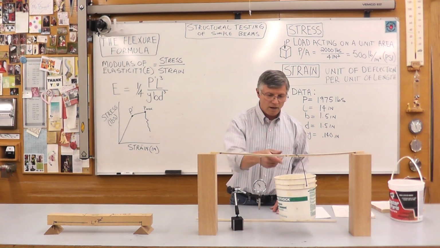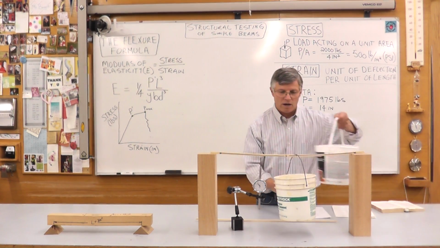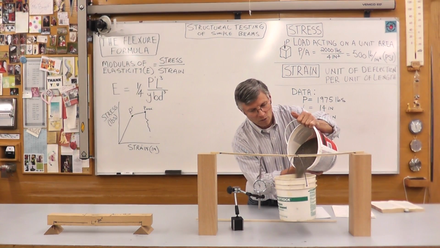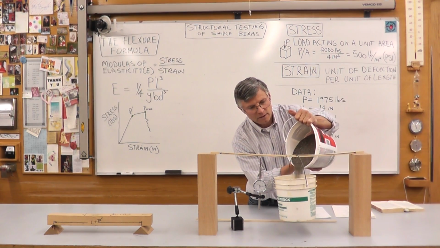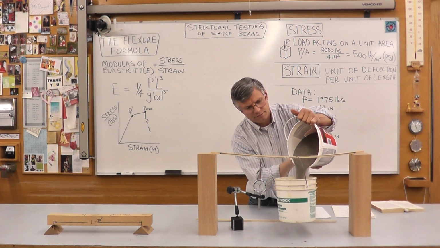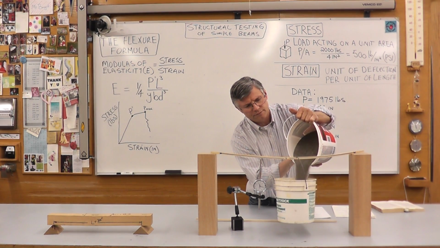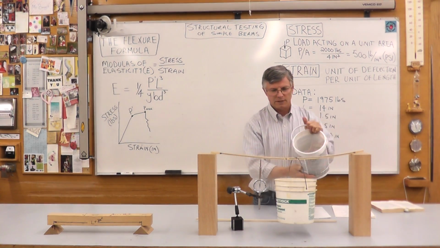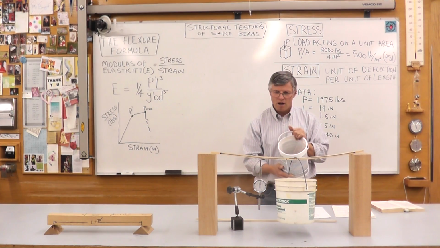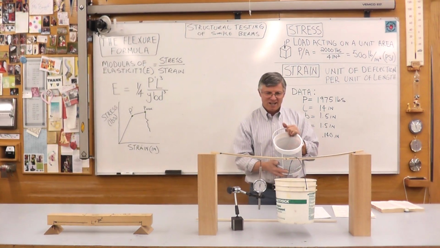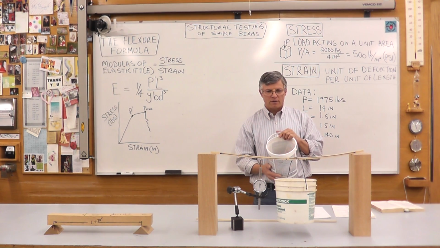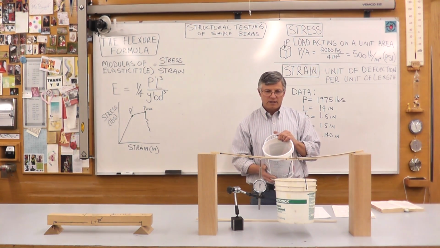I've already got a little bit of sand in the beam, so I would continue to load it. Okay, I'm loading it. You can watch the dial indicator as you load it. Now I would slow down, because you want to get the load data as accurately as you can.